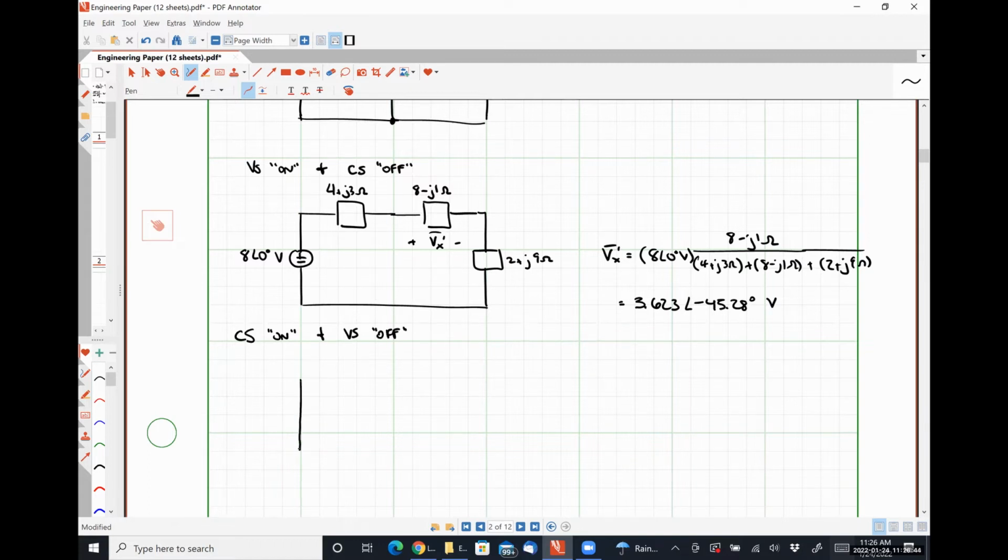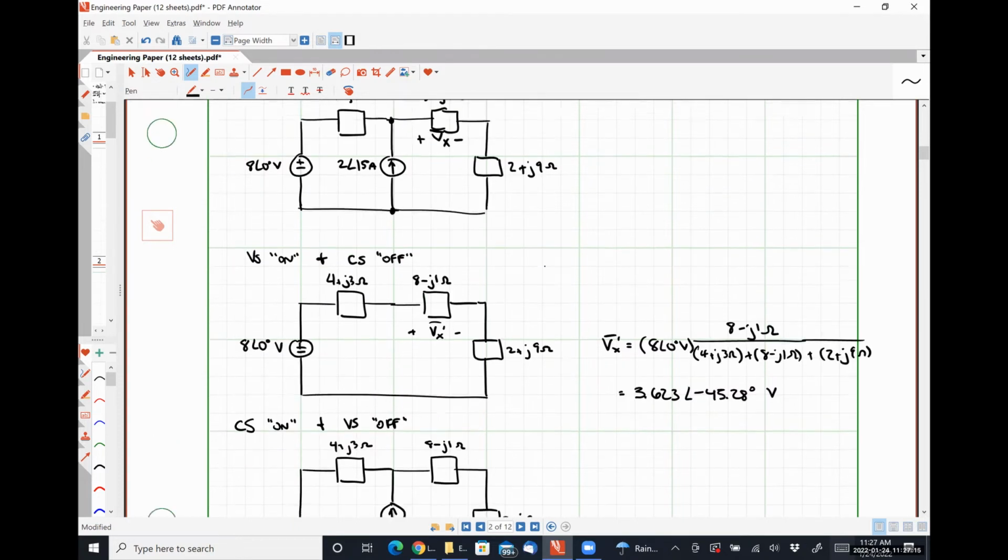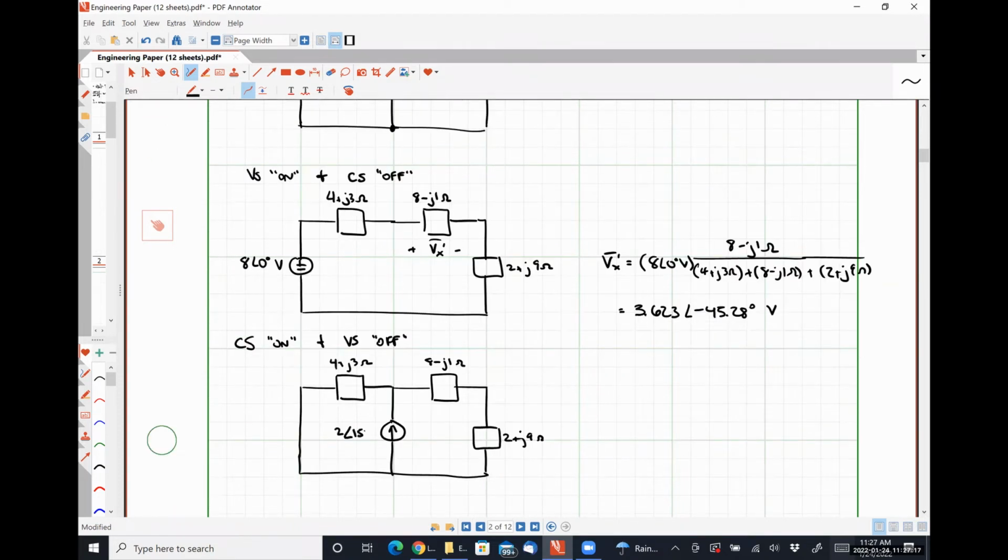So we're going to have a short circuit. 4 plus J3, 8 minus J1, 2 plus J9, 2 angle 15 degrees amps. And let's call this Vx double prime.